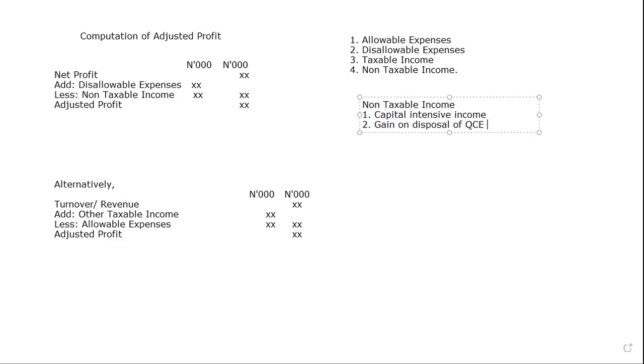So it's under capital allowance. Qualifying capital expenditure is what you like to refer to as non-current assets in your financial accounting. So the asset that will last for more than one year and qualifies for capital allowances. Right. So we have 3.